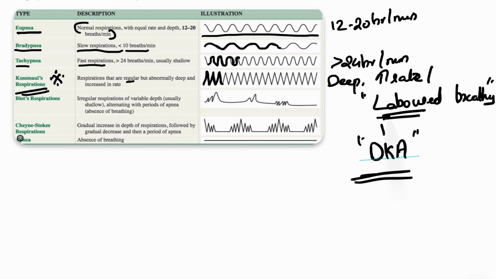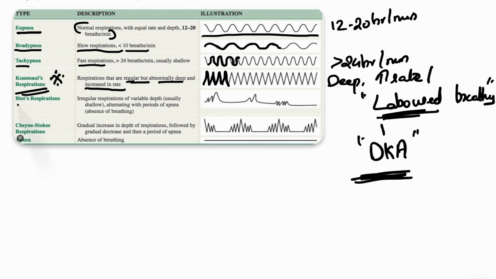It is a labored breathing where the respiration is regular but abnormally deep and increased in rate. Kussmaul's respiration is a very important topic for all the MCQ examinations.